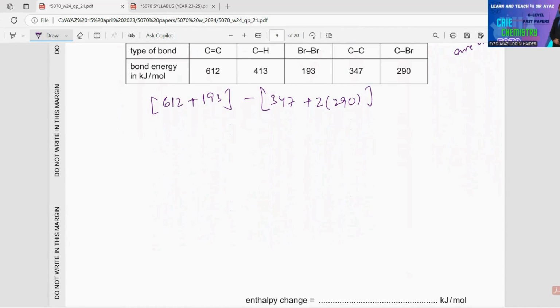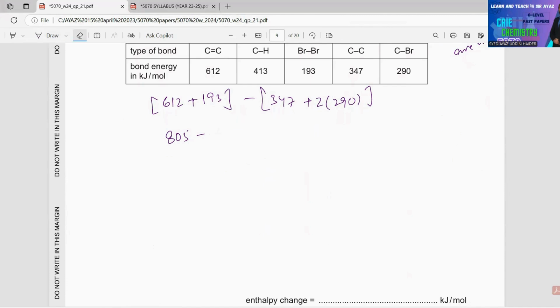612 plus 193, we are getting 805, minus 290 multiplied by 2. Sorry, there's a mistake.